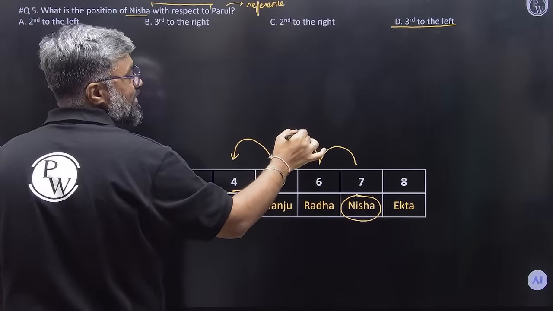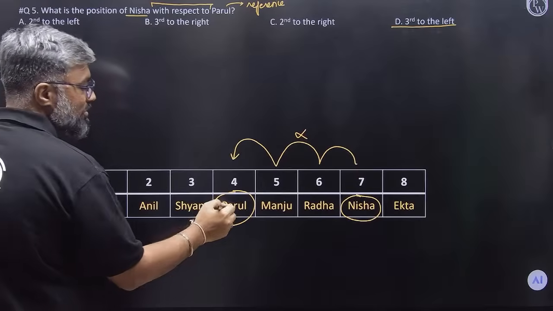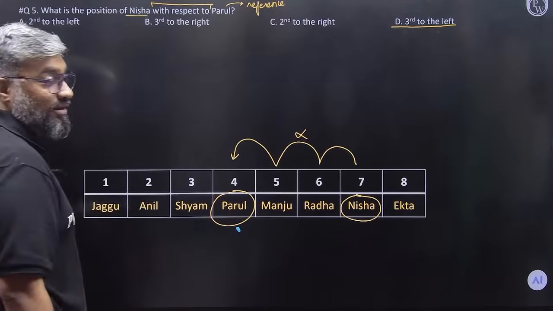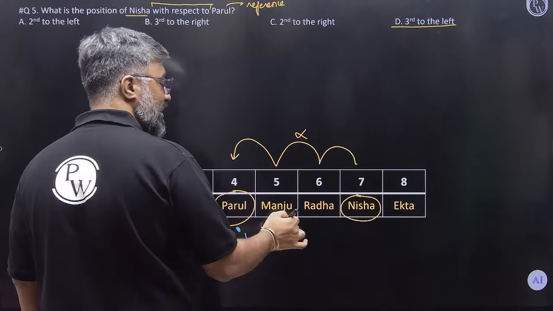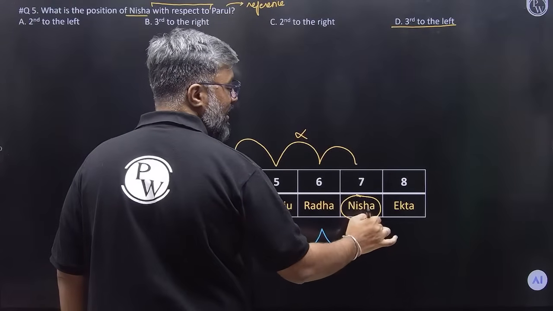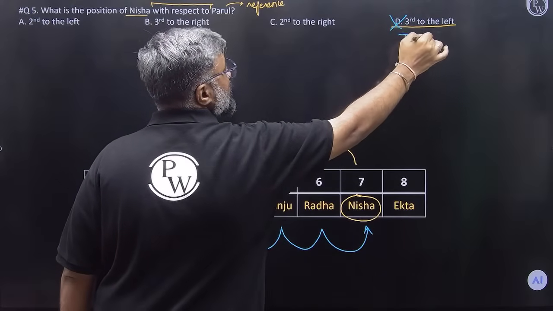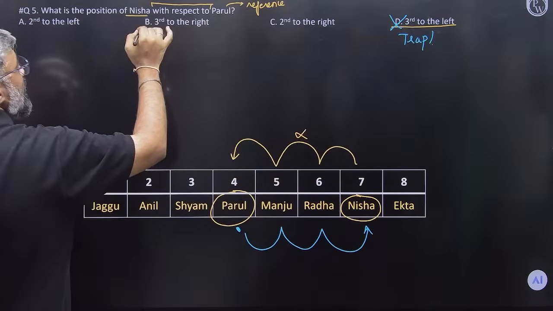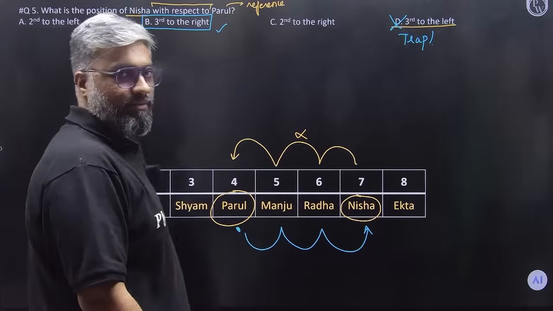Yes, this is wrong. You have to make Parul as the reference. So this is your reference. From here, where is Nisha? Nisha is first right, second right, third right. Where's third right? Option B. Let's go. Works, everybody?